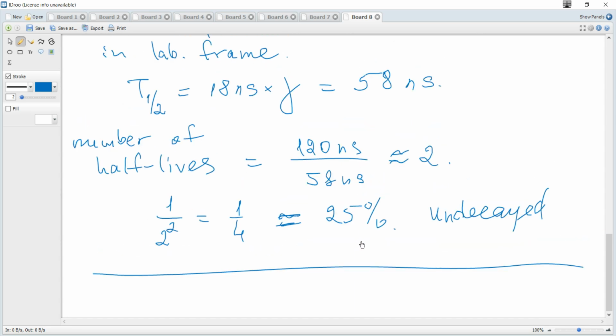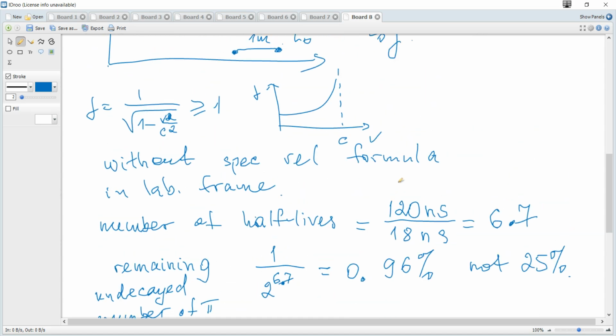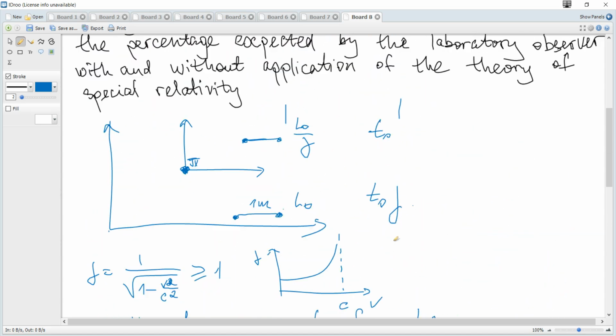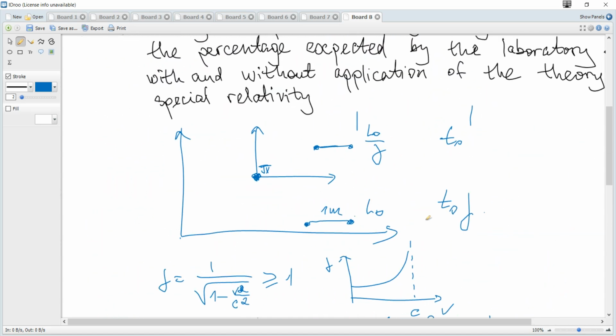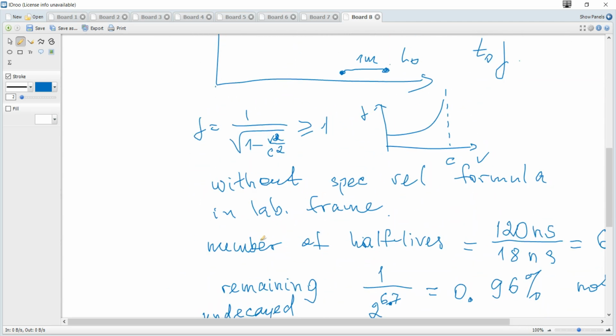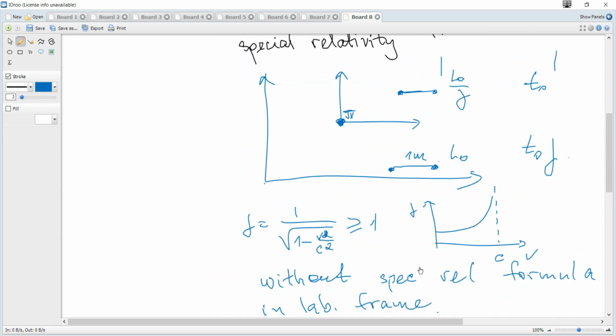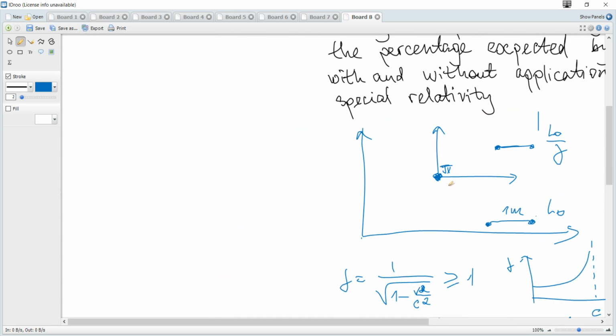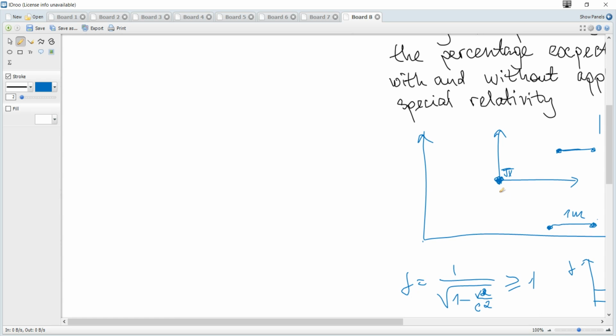And it's enough for this question. But to be more clear, let's consider how it is consistent with the experiment relative to the moving reference frame. We have considered the lab frame, but let's consider the moving reference frame.